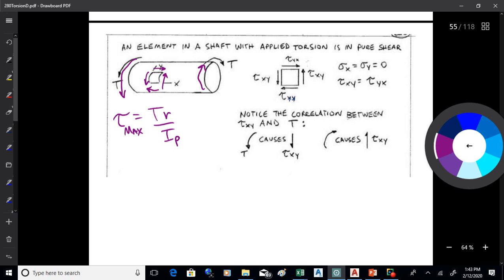So we can get to that shear diagram pretty quickly from the applied torsion, just by looking at how those torsions act and how that would affect an element on the outer layer of the shaft. So that torsion on the right rolls up, the one on the left rolls down. The other two meet in the corners.